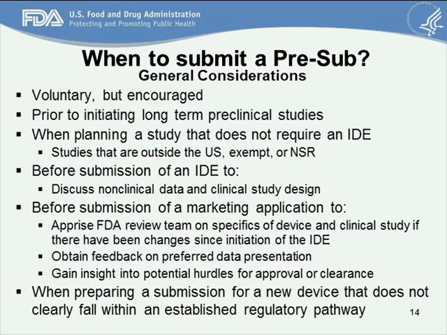It's also helpful just to gain insight into potential hurdles for approval or clearance so that companies know, especially for a big submission, just how to set their expectations in terms of what's going to happen during the FDA review process.